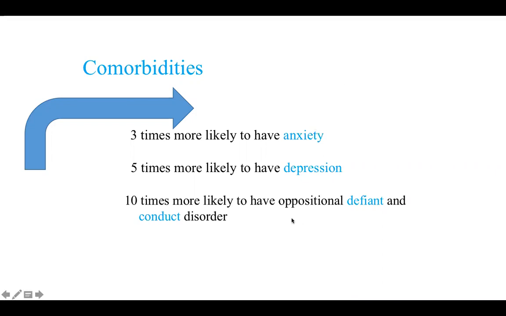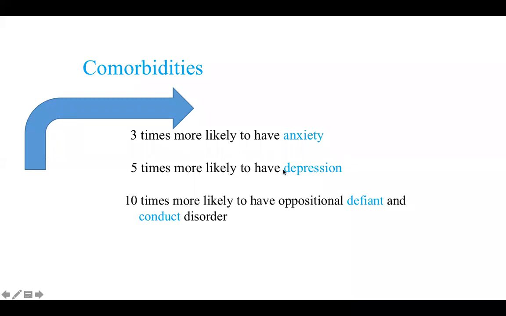Oppositional defiant means they do not follow rules, and they can have conduct-like problems. Because of their impulsivity, they are more prone to lying. They're very fond of fires. They take a matchbox and just light a fire, or they're very cruel to animals, etc.